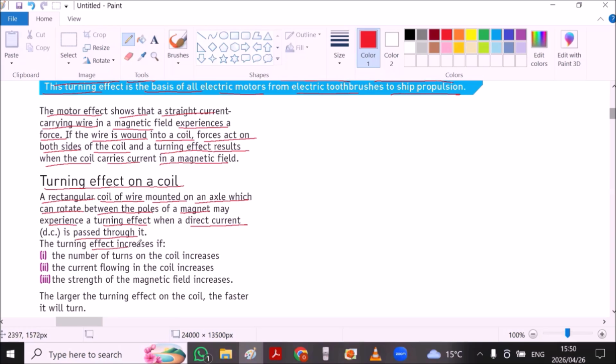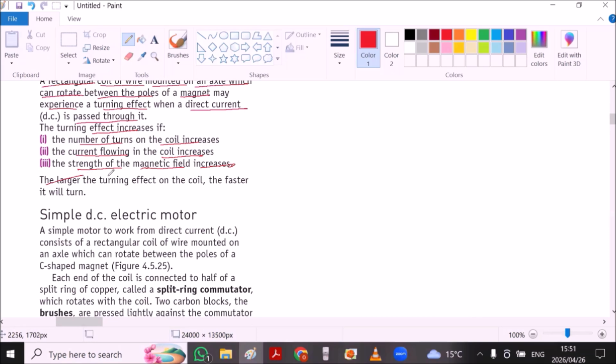The turning effect increases if the number of turns on the coil increases, the current flowing in the coil increases, or the strength of the magnetic field increases. The larger the turning effect on the coil, the faster it will turn. Now let's look at a simple DC electric motor.